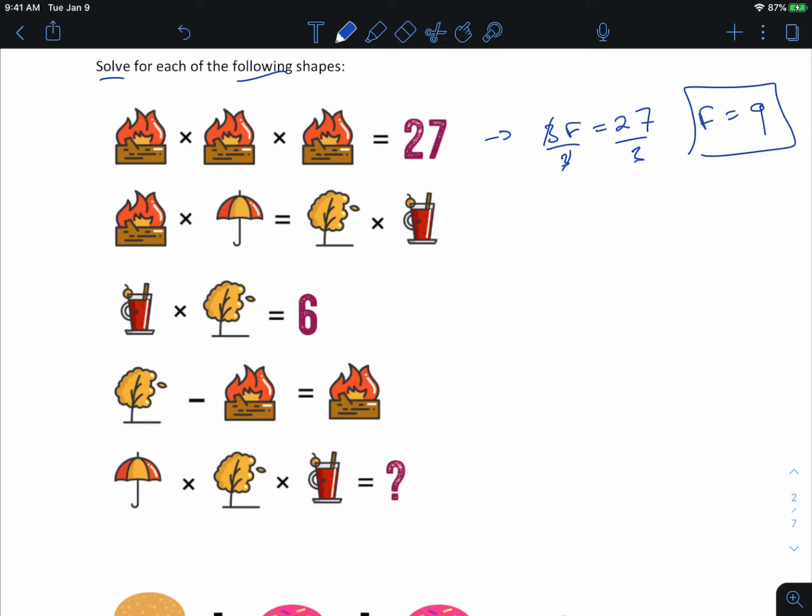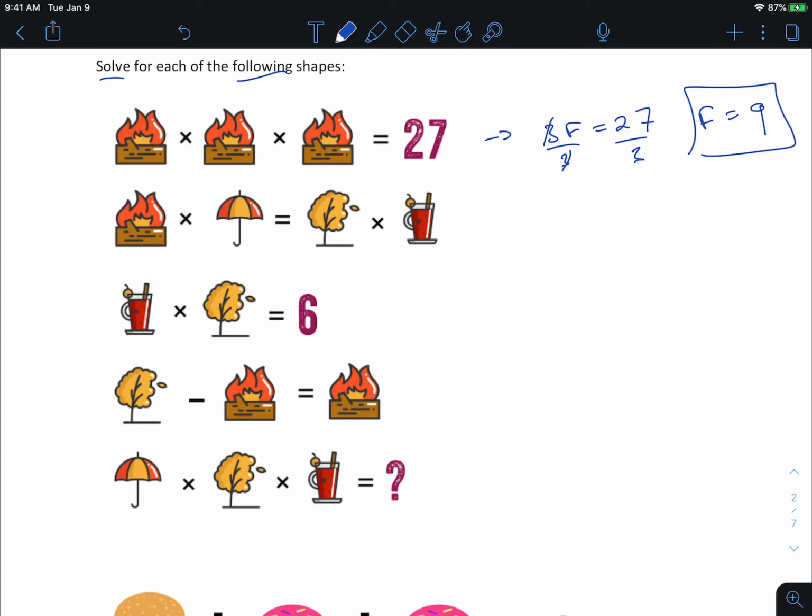There's one of them. Okay, your job now. You now know what fire is. So go find another equation in here that you could solve for another shape based on what you just found. There's 6 here because it's probably 3 times 2. But how do you know it's 3 times 2?